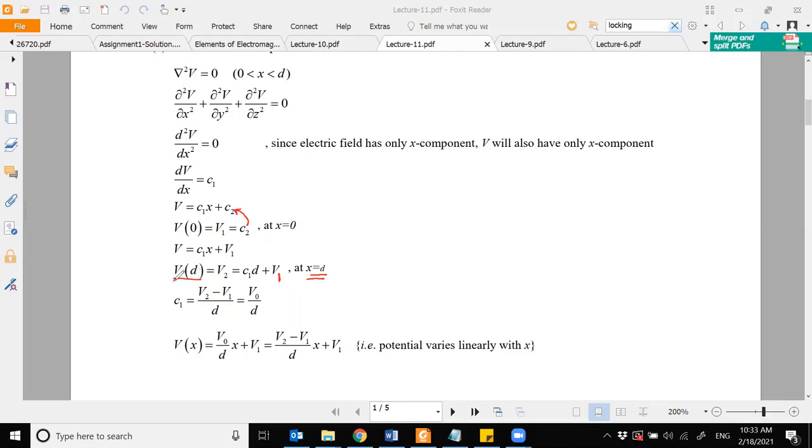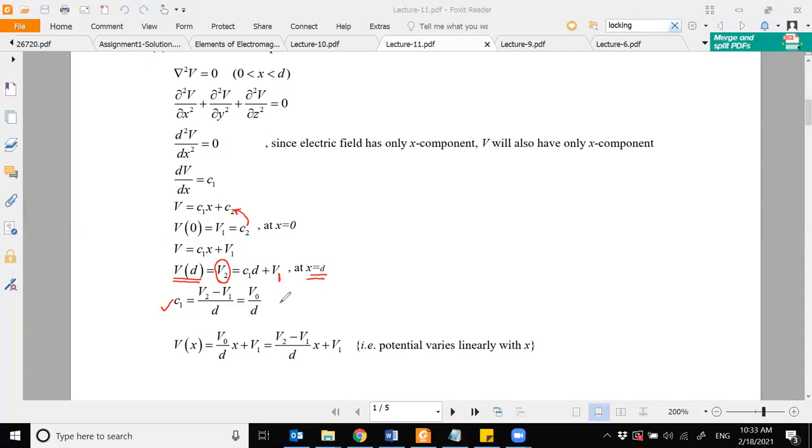And what is this V of d? What is the potential at x is equal to d? It is nothing but my upper plate potential, which is V2. So V2 is equal to C1d plus V1, or my unknown C1 is equal to V2 minus V1 over d.